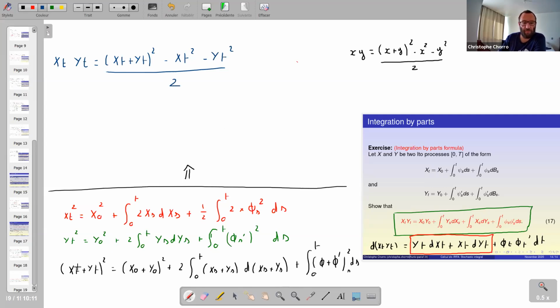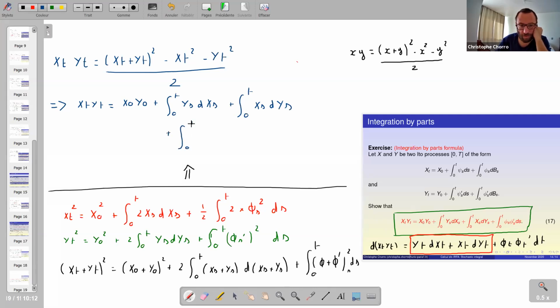If I replace (x_t plus y_t) square by this expression, x_t square by this expression, and y_t square by this expression, you will obtain, do the computation at home if you are not totally okay with what I've done here, exactly what I want: x_t y_t is equal to x_0 y_0 plus the integral between 0 and t of y_s d x_s plus the integral between 0 and t of x_s d y_s plus the integral between 0 and t of phi_s phi prime_s ds.